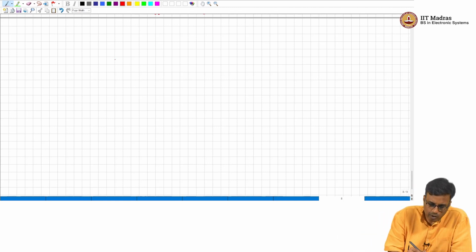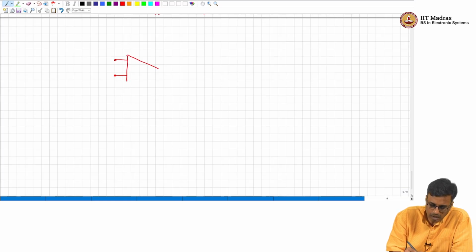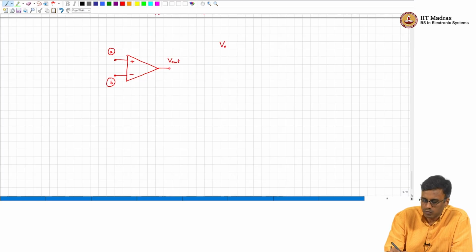Remember that the op amp, we said the model for the op amp was V out. It is a voltage controlled voltage source.